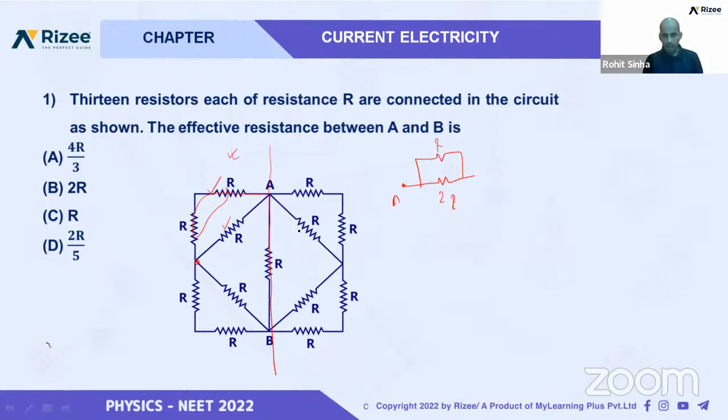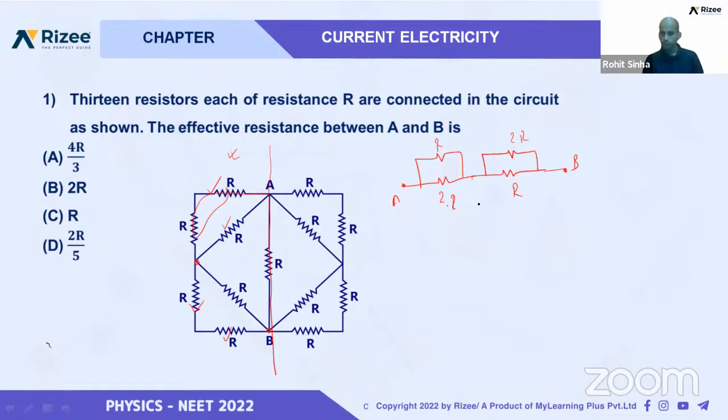Now again R, and from here again R, and this R and R make 2R, again in parallel. We reach point B. So we get 2R and R in parallel, and R and 2R in parallel.